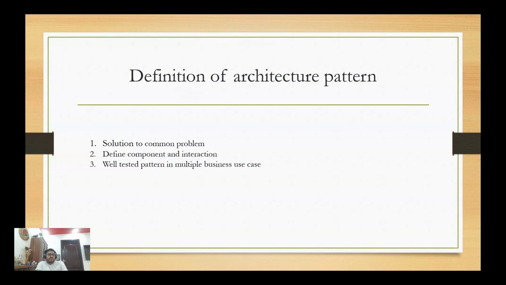So based on that, you just take a call. Okay. Second, there is a standard component and interaction practice which is defined for all the architecture patterns. And this architecture pattern, of course, is well tested with multiple business use cases. Okay.